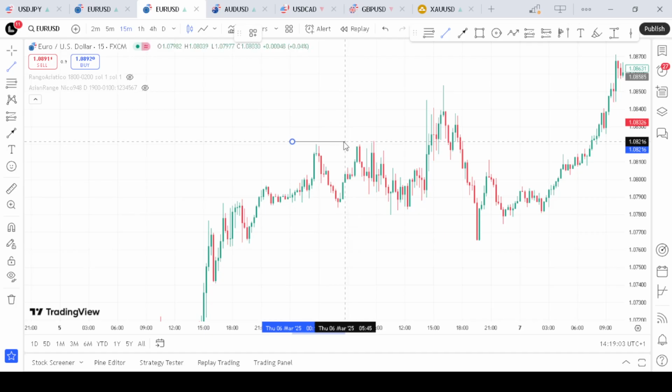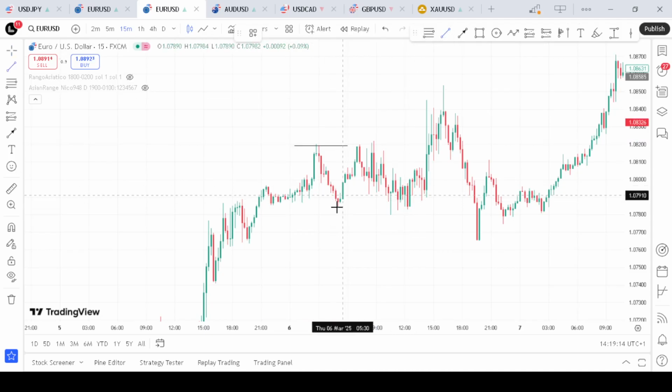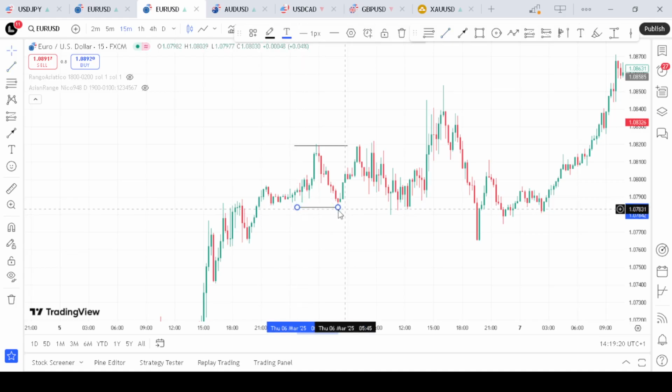This will be my Asian range, and as we can see, the highest point during the Asian range was this high, while the lowest point during the Asian range was this point. This was the lowest point that formed during the Asian session, and remember it closed exactly by 5:45.